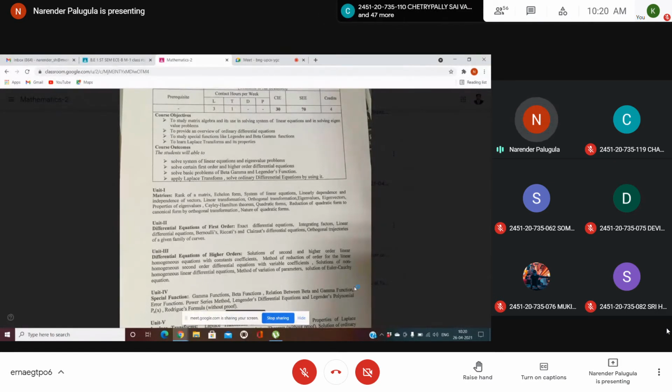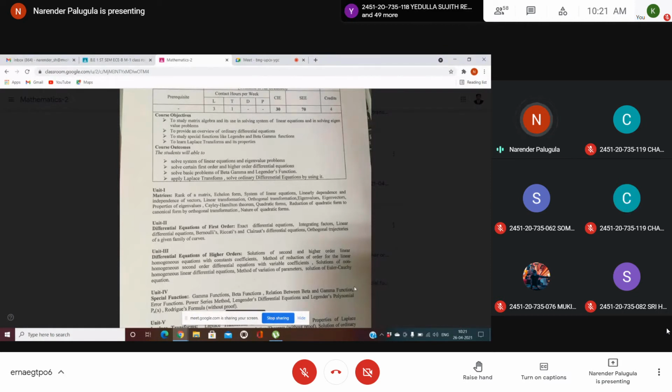Fifth, Riccati's and Clairaut's equations, and their applications, such as orthogonal trajectories of a given family of curves. So in this unit, we are going to study various first order differential equations, their solutions and their applications also.